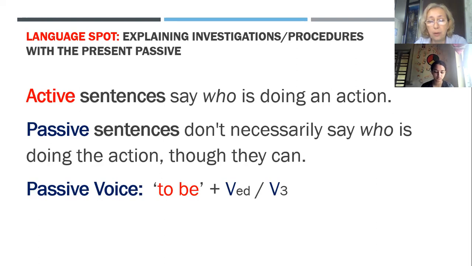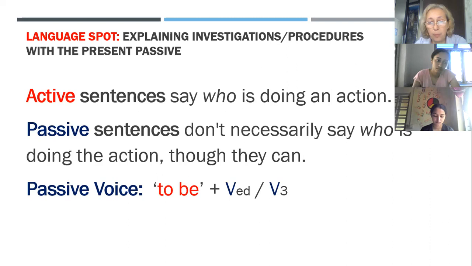If it is regular, for example discuss, we add ed: is discussed. So the passive voice is discussed in the lesson. And if it is irregular, we should take the third form, like write, wrote, written.